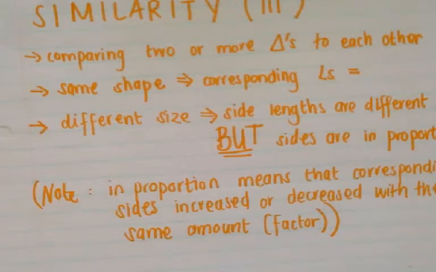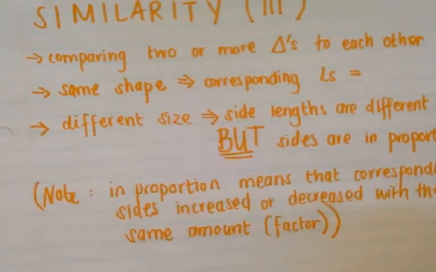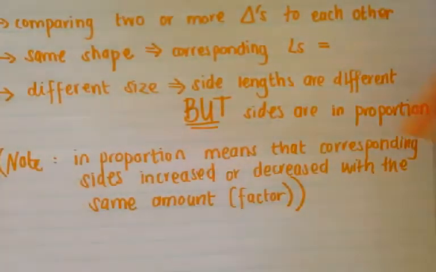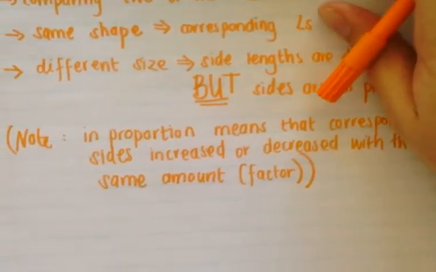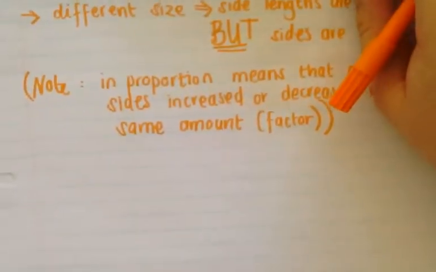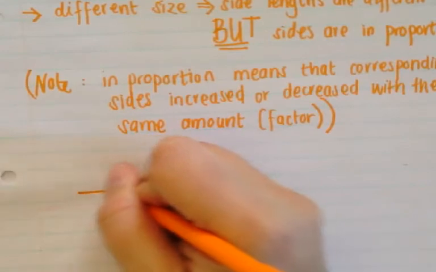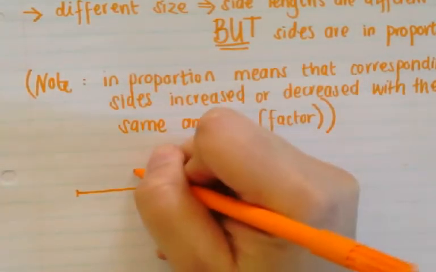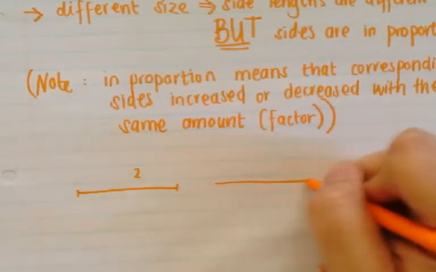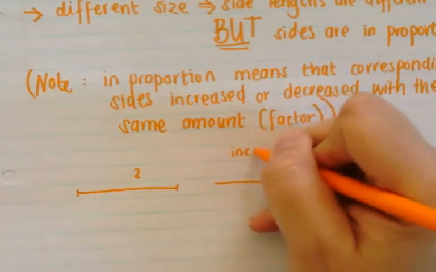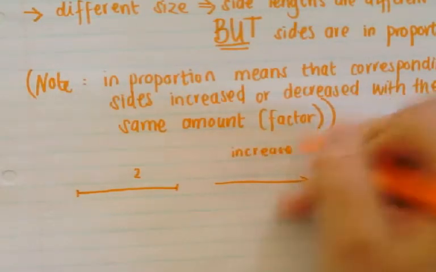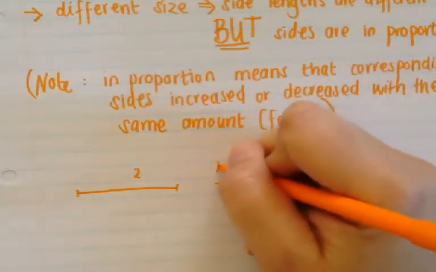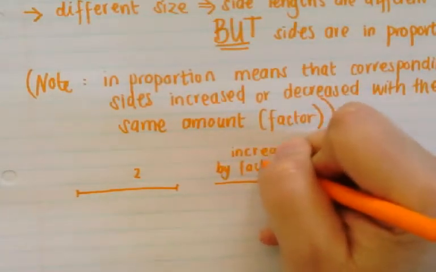Okay, so let's just practice that for a moment so we understand exactly what we mean by proportion. Because proportion is one of the biggest ideas that we need to get our heads around when it comes to similarity. So if I have a line, and I say the length of that line is 2, and I want you to increase it by a factor of 3.